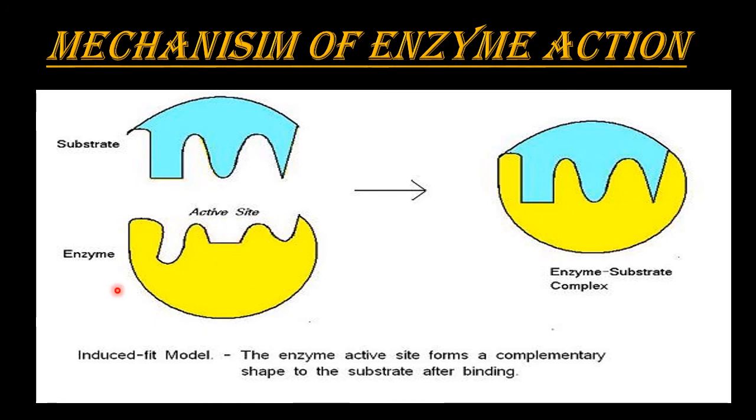But the induced fit model is opposite, and the active site of the enzyme does not have a rigid structure. Now the enzyme attaches with the substrate, and according to the shape of the substrate, the enzyme is molded and attached to the substrate, changing the active site as the substrate attaches and forms the enzyme substrate complex.